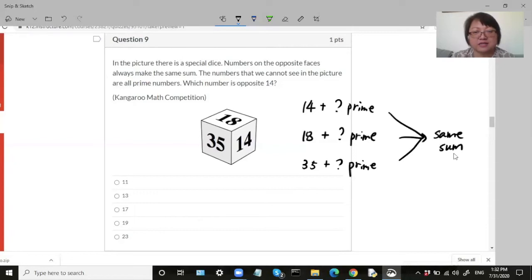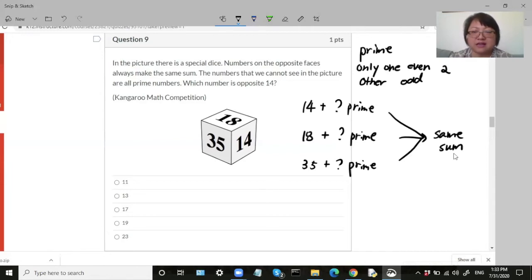Okay, so let's look at these 3 numbers. So this is even, okay? So we know prime only has one even number, which is 2, and all others are odd numbers. So with 3 primes, at most 1 is even, okay?